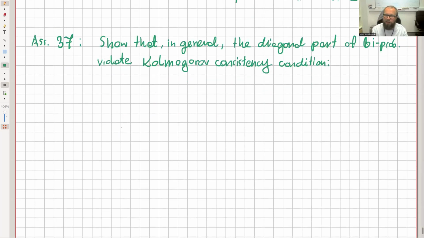So the Kolmogorov consistency condition means that you have a family of multi-time probability distributions like we have here. You take any one of them, pick one of the timings, and marginalize over this timing, let's say Ej.